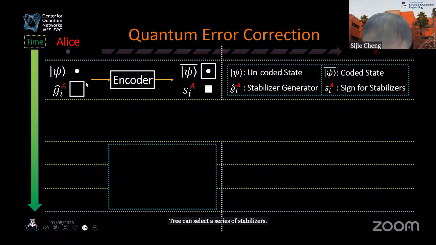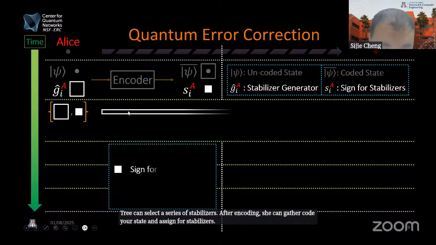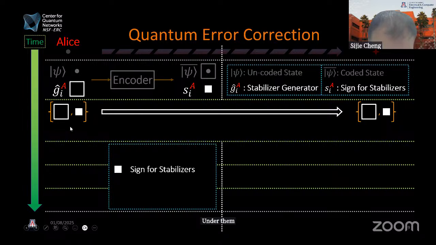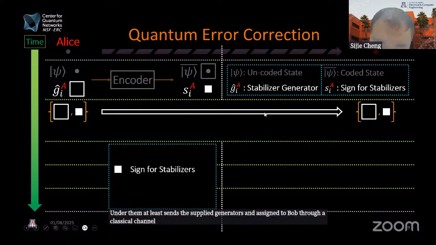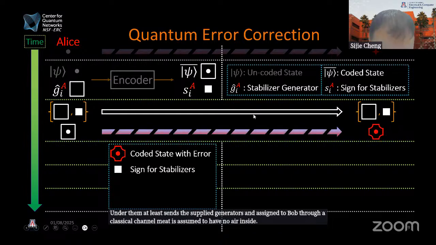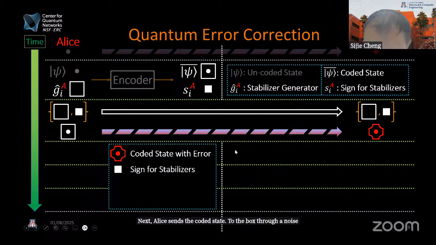After encoding, she can get the coded state and signs for the stabilizers. Then Alice sends the stabilizer generators and the signs to Bob through a classical channel, which is assumed to have no error inside. Next, Alice sends the coded state to Bob through a noisy quantum channel.